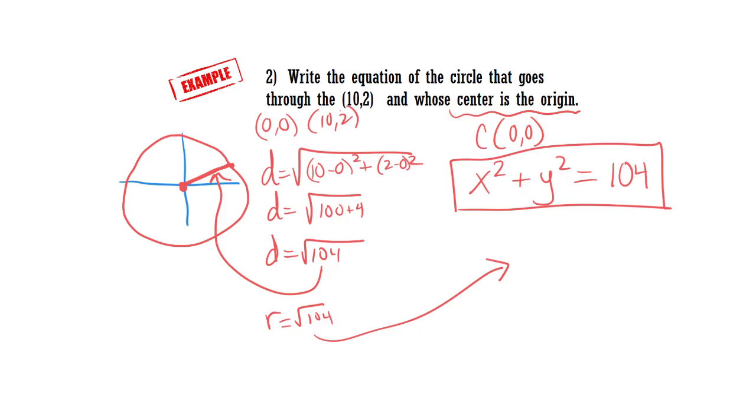So this is just another option, just so you kind of understand. If you plug the 10 in for the x and the 2 in for the y, and that's supposed to equal your radius squared, you can see there's your 104 equals r squared again. And since you do want it to be an r squared, you would just put a 104 there. So either one of those options would work for you.